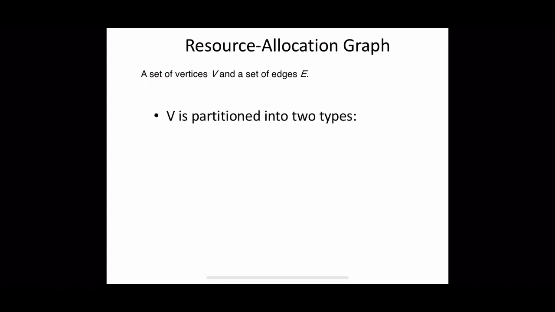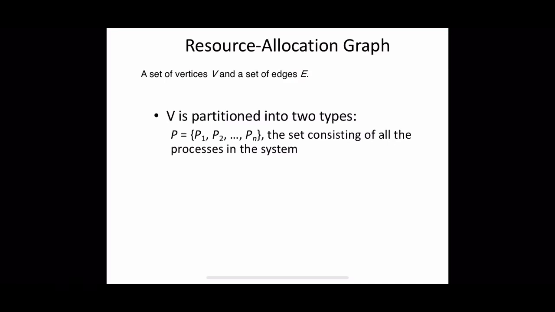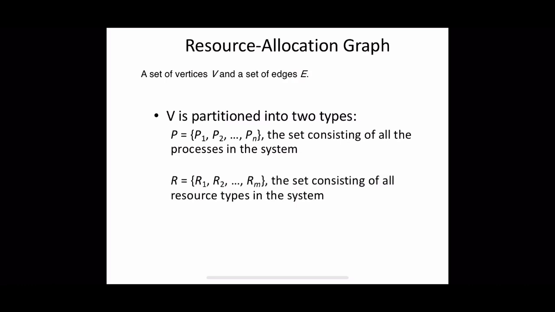One is called P, which contains the set of all currently active processes in the system, P1, P2, etc., Pn, and the second set is the set of all resource types denoted by R, which contains R1, R2, etc., Rm, where m is the number of resource types.